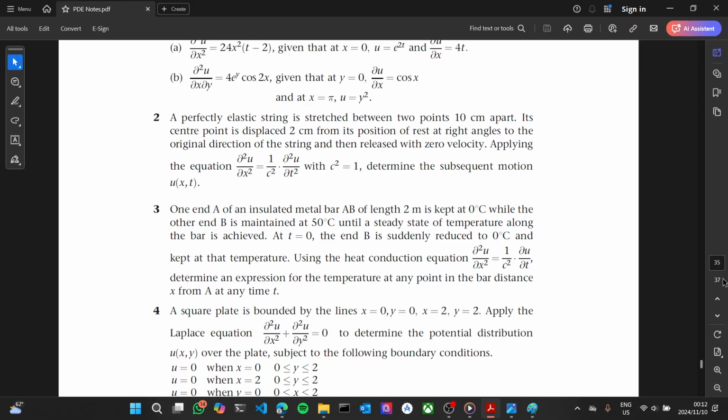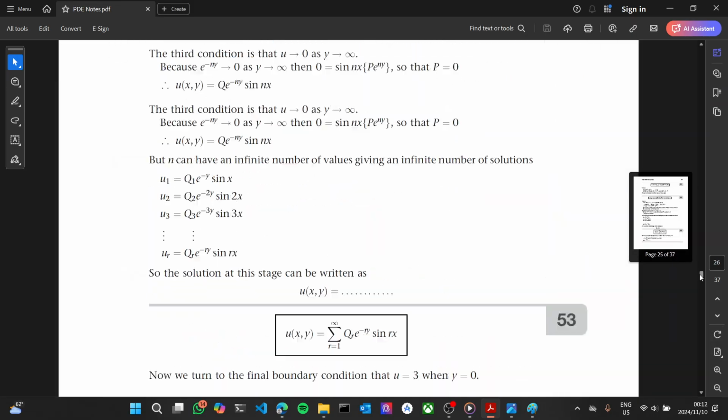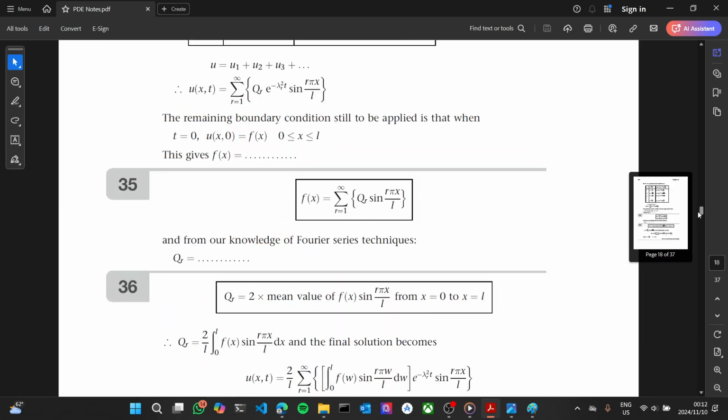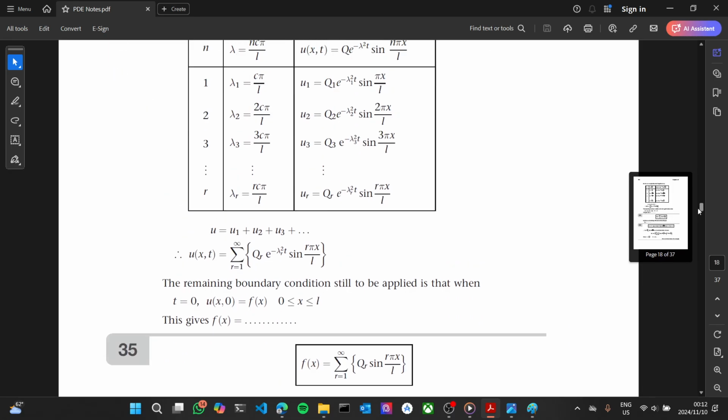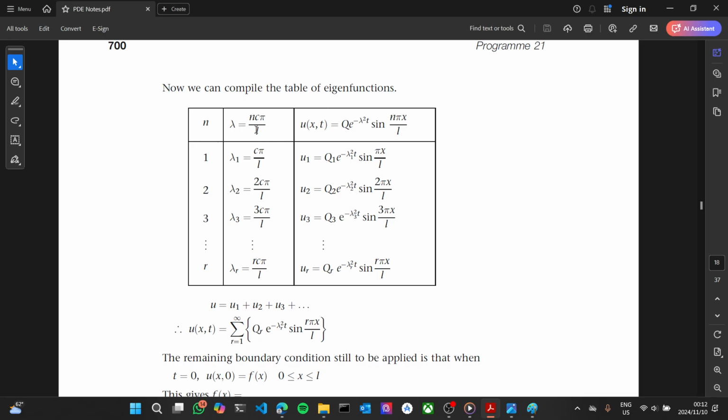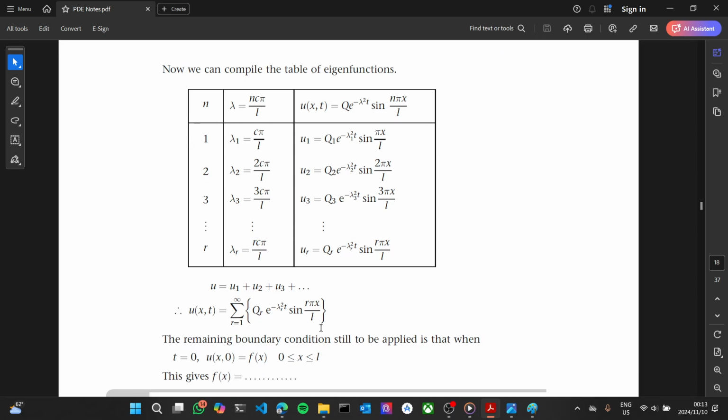So you'll see, I'll take you to the actual notes here and just show you what that looks like. So for your eigenvalues here, where n is your variable, which increments up until some arbitrary number r, you'll have your corresponding eigenfunction, and then that can be expressed as this infinite summation down here. All right, as you add each eigenfunction.